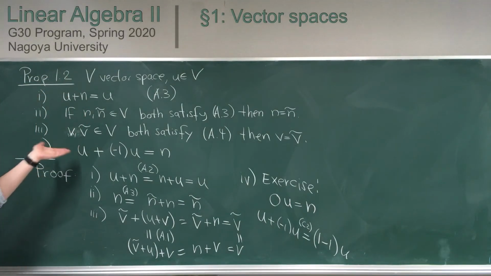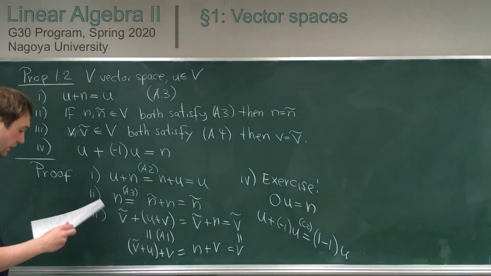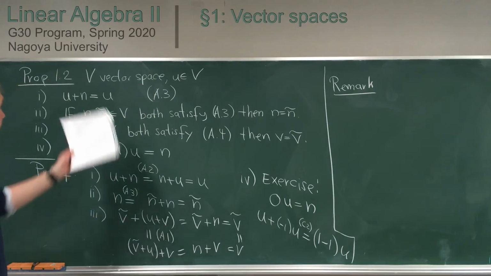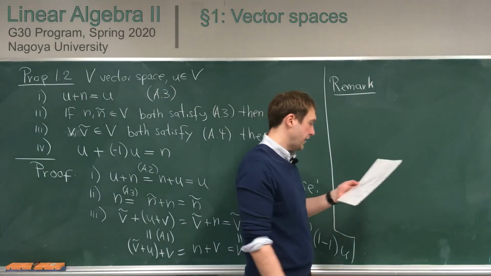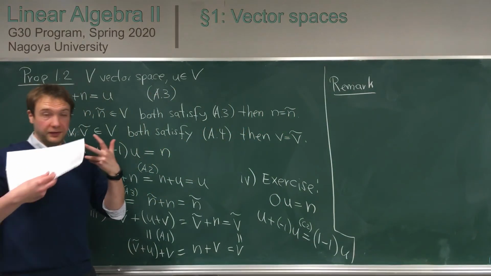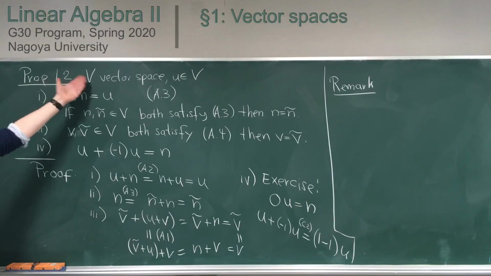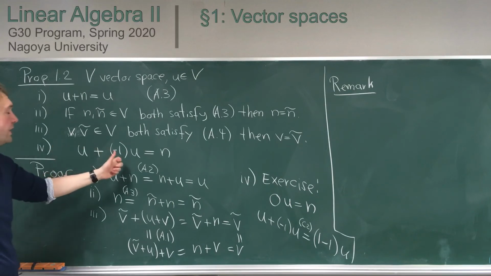And again, for usual vectors, these properties are trivial. So now there are some remarks for this proposition and in general for vector spaces. The first one is that every time you give a vector space, it's not enough to just give the set V, because a vector space is not just a set V, it's a set V together with these two operations, addition and scalar multiplication.